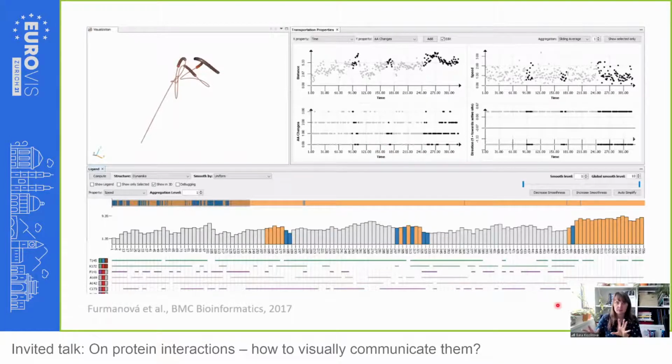You can explore individual parts visually and try to understand how the ligand behaved along this particular trajectory.